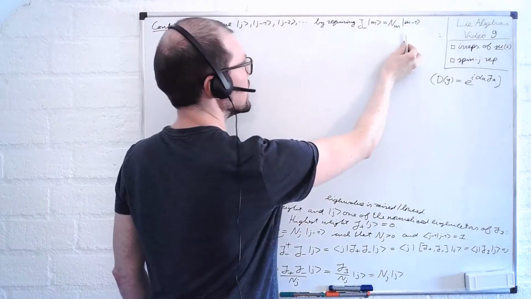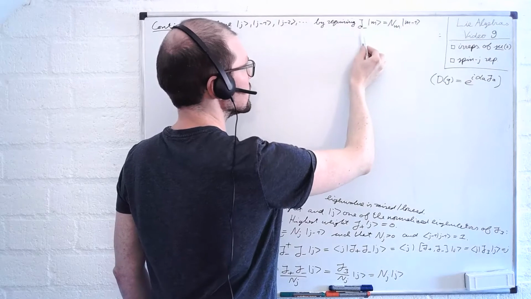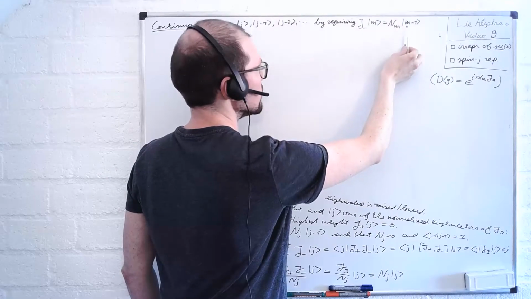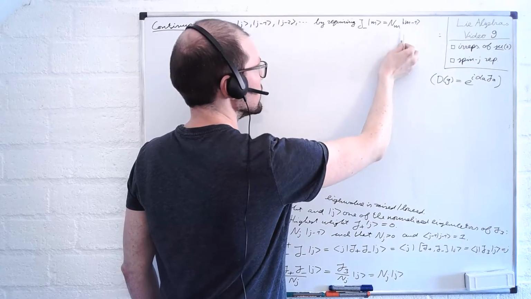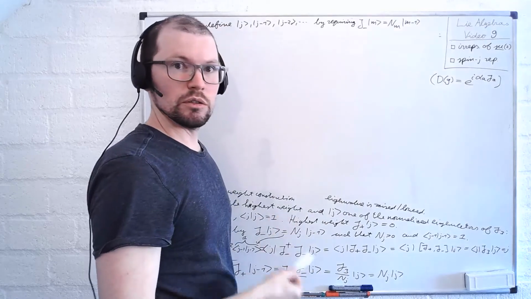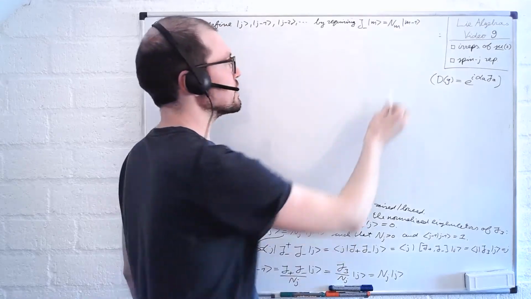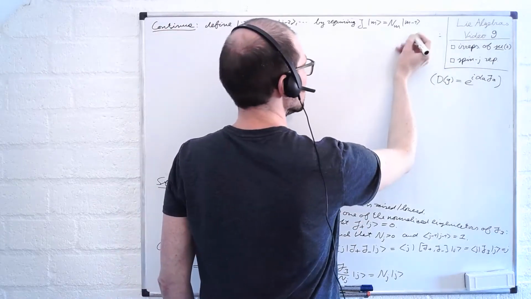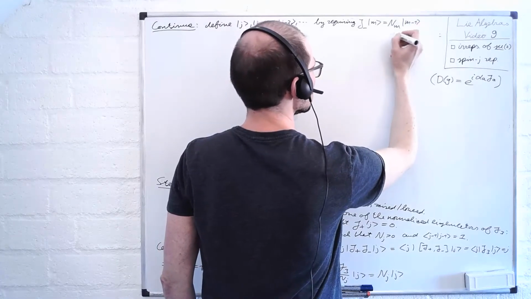I'm just going to label the result of this application by m minus 1, where I choose the normalization constant positive such that m minus 1 is normalized.